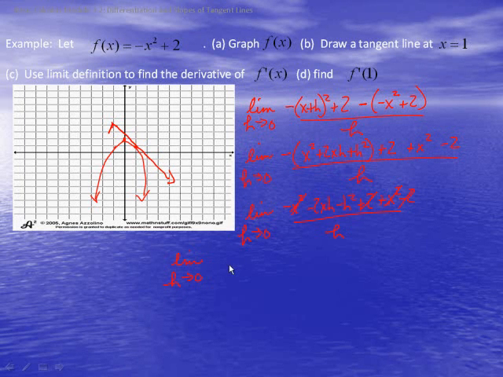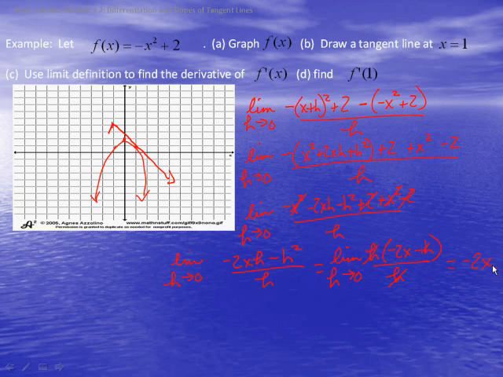That'll leave me with minus 2xh minus h squared over h. I can factor out my h, which gives me negative 2x minus h over h, and the h's will cancel. At that point, I can let h approach 0 because we're dealing with a polynomial, and the h will go. So that leaves me with negative 2x.